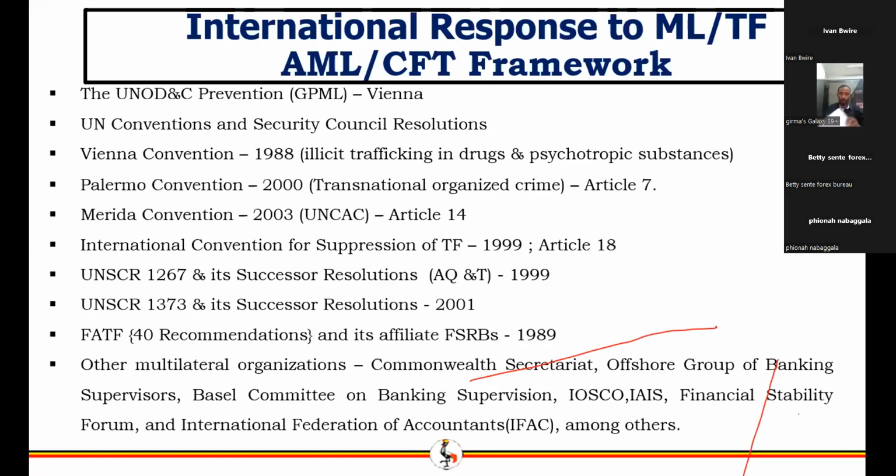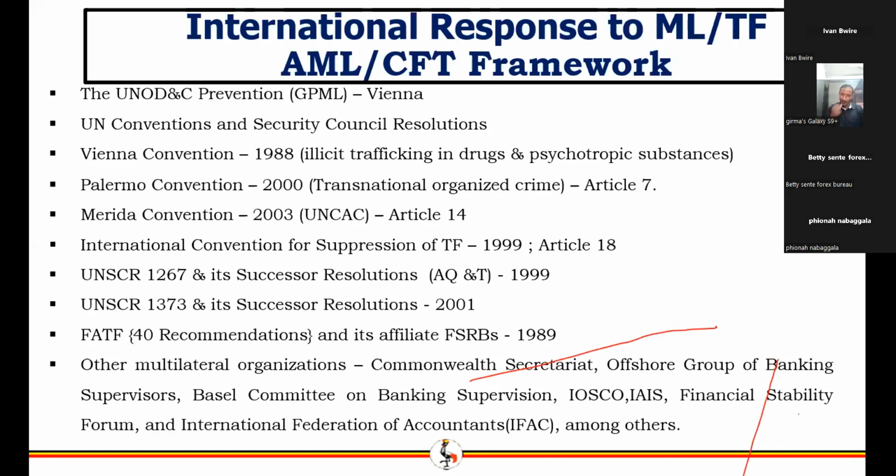In fact, in the FATF 40 recommendations, there's a recommendation that says countries that subscribe to the Financial Action Task Force have to adhere to the UN conventions on Vienna, Palermo, and the suppression of terrorism, to provide for the seizure of proceeds of crimes and the confiscation of such proceeds of crime, as well as sanctions.